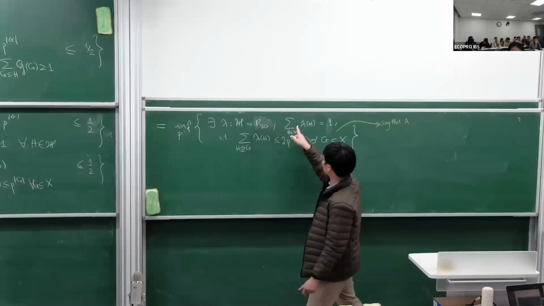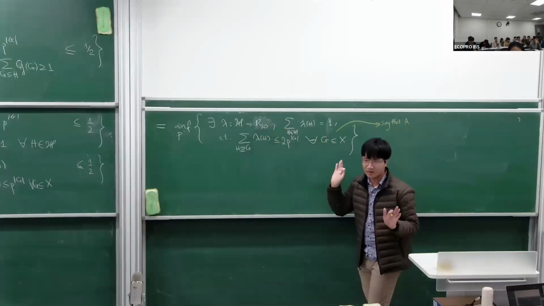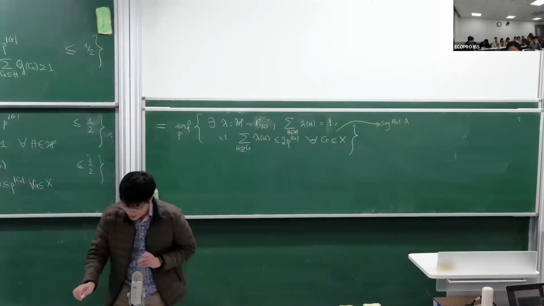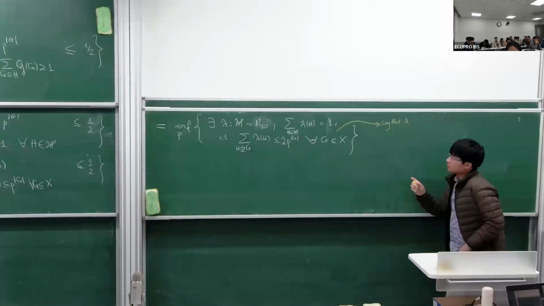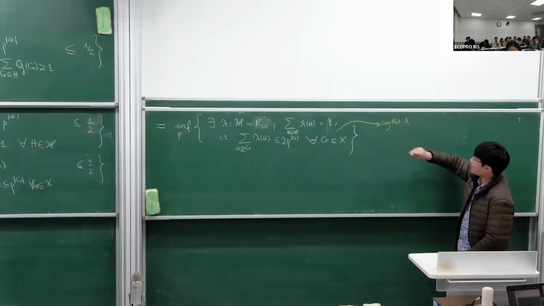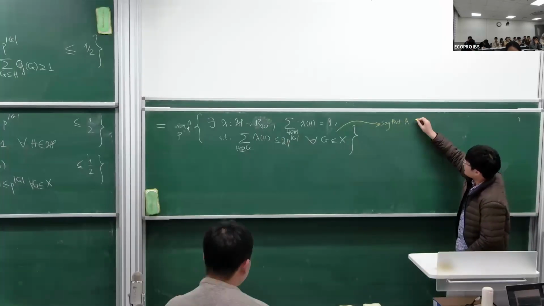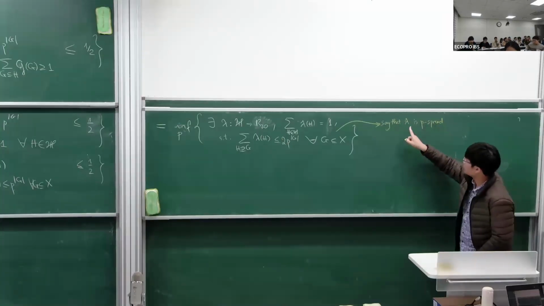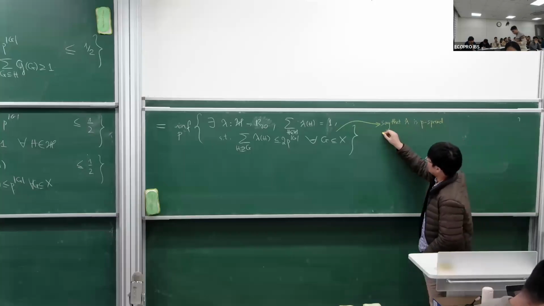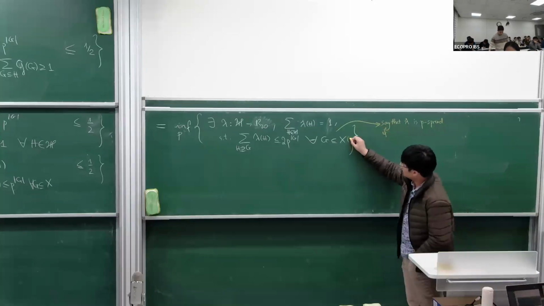But anyway, because they sum to 1, all of the lambdas will be between 0 and 1. So for that one, it's not very important. So here, let me define that lambda is p-spread. So lambda is a probability measure on H if this condition holds.